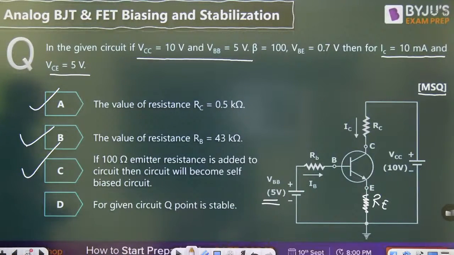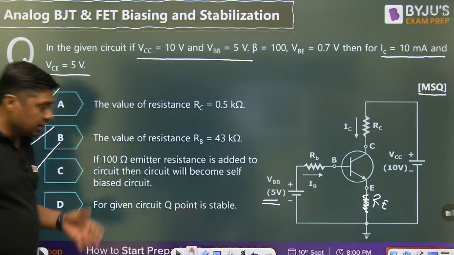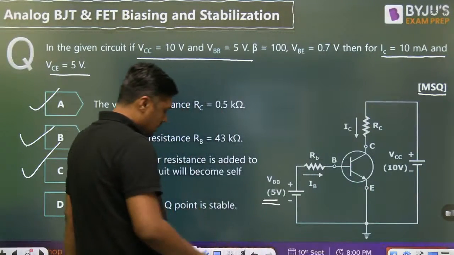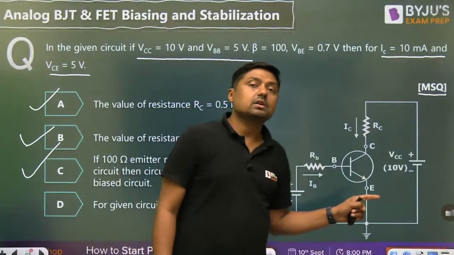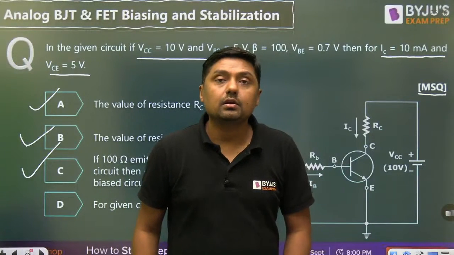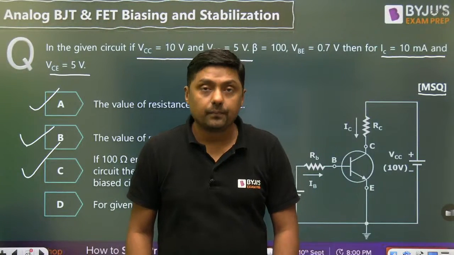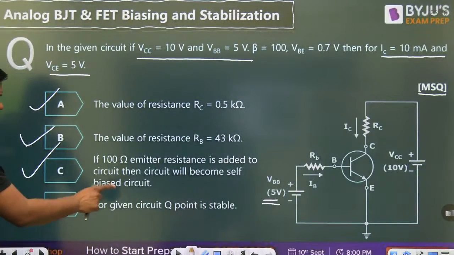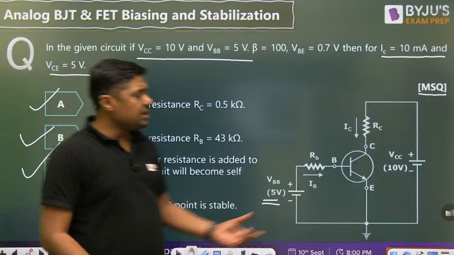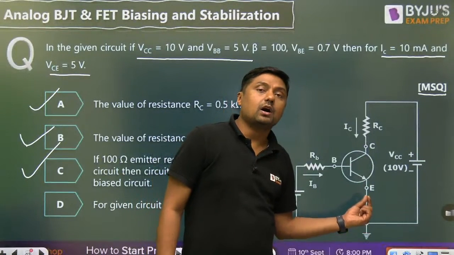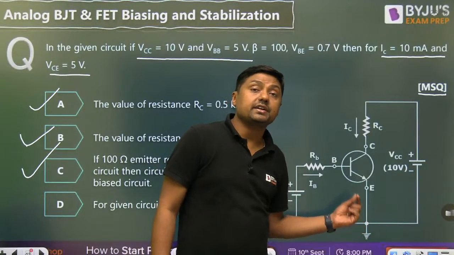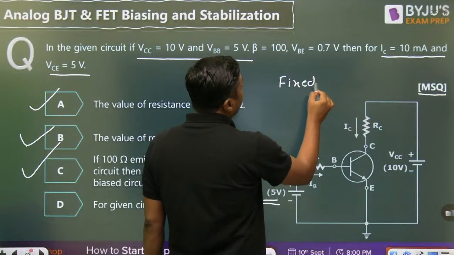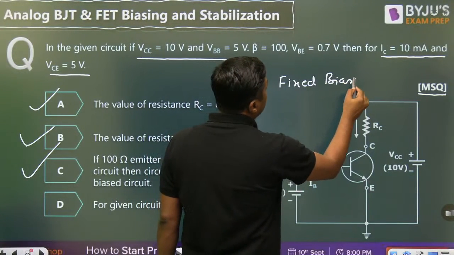Now, for the given circuit, that is, when the RE is not connected here, for the given circuit, the Q point is stable. Right or wrong, Akanksha? You are saying that right. But my dear friend, for the given circuit, if the RE is not mentioned in the circuit, this circuit is called a fixed bias circuit.